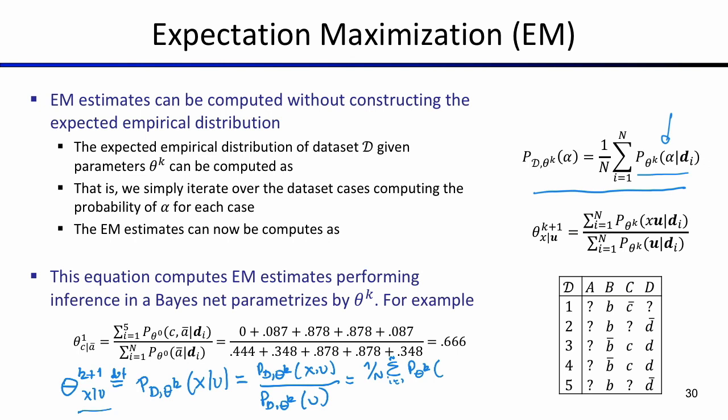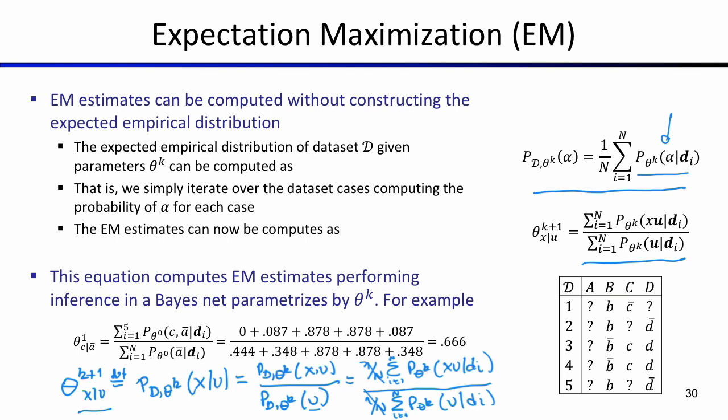So in this case, it's going to be xu given di, over 1 over n, also the sum over all the cases that we have, of the probability that we compute using the parameters theta k from the Bayesian network, and now here the instantiation alpha is going to be just u, so u given di, right? And we can cancel this 1 over n, and we end up with this equation here.